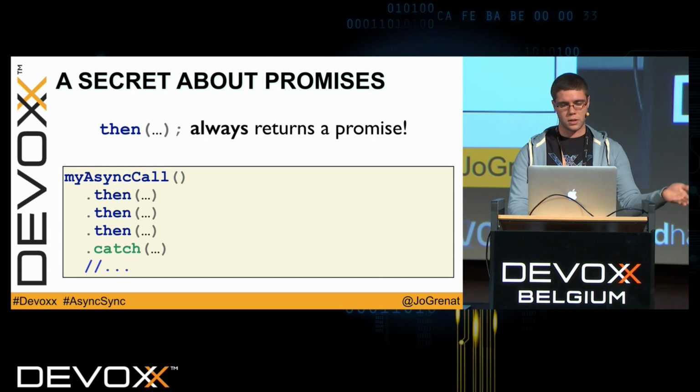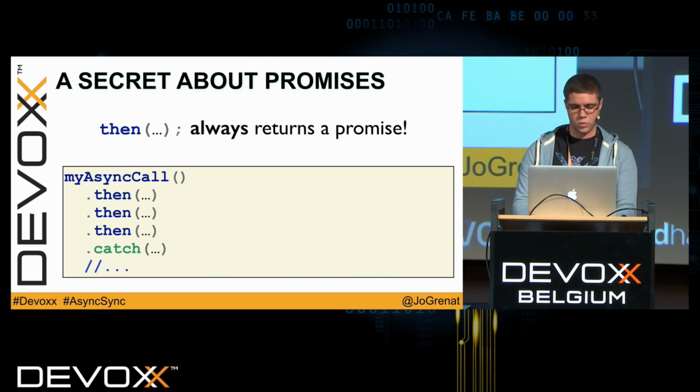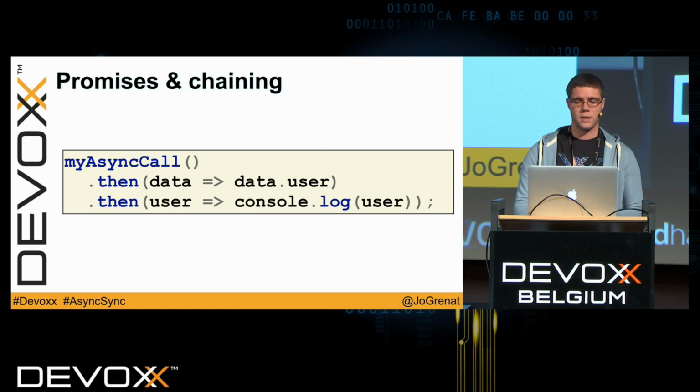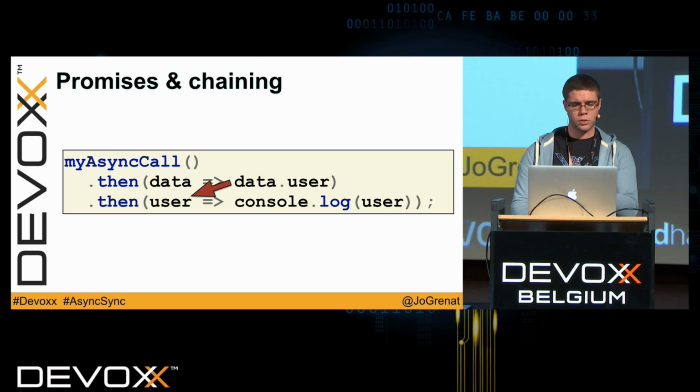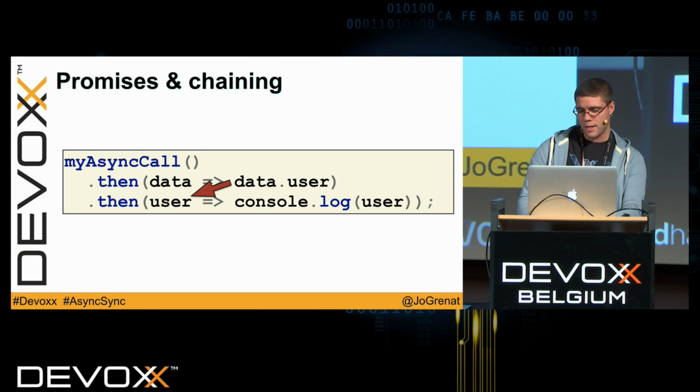So you can chain your code. You can chain several then to transform your data. What is so special about that is that, for example, here we're returning only a few parts of our data, the user, and at the second then call, we are expecting to get only the user. This is exactly what happens when you chain promise. The data you return is then the argument of the next call.